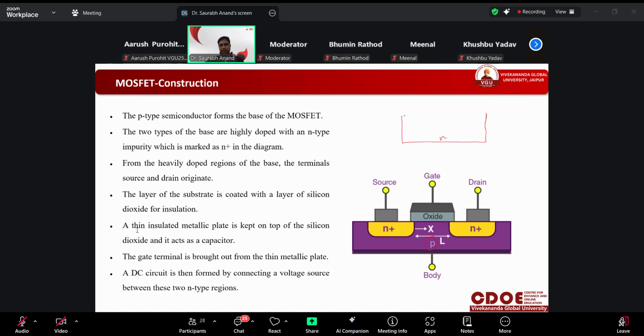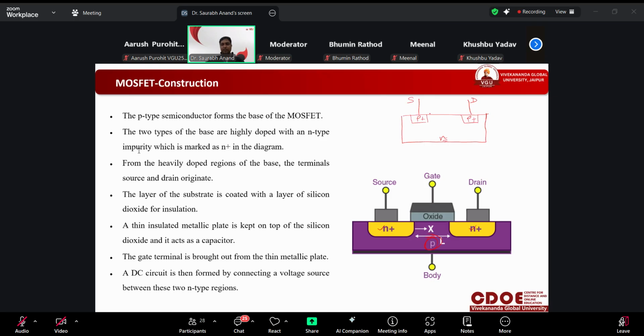What will we do next? We will diffuse two regions. If the substrate is N type, then the regions will be P type. The plus sign shows high doping, so highly doped regions will be diffused. We will connect one terminal here and a second terminal there. This is known as source, this is known as drain.